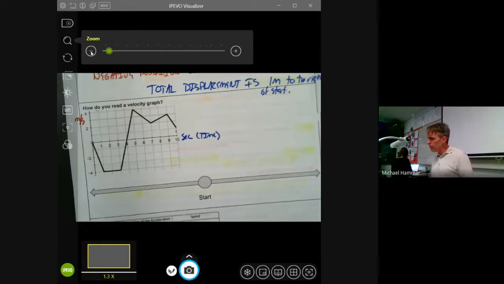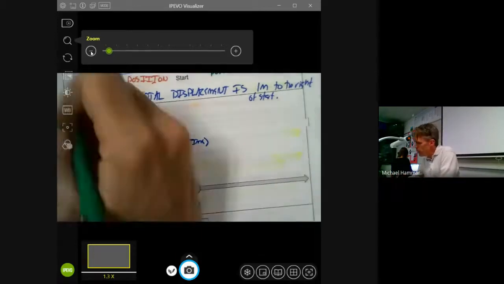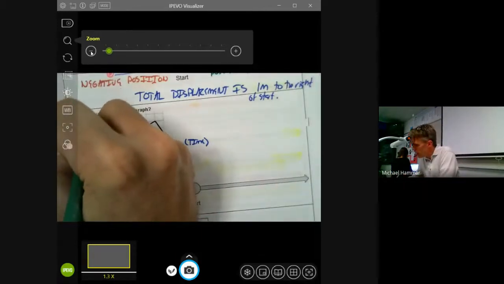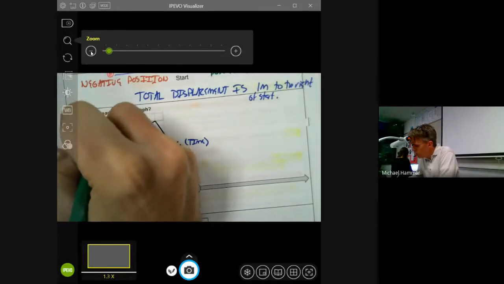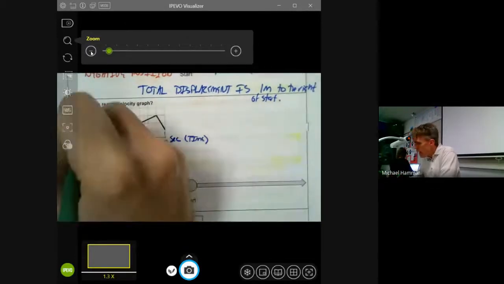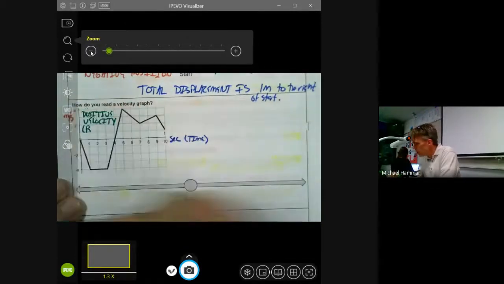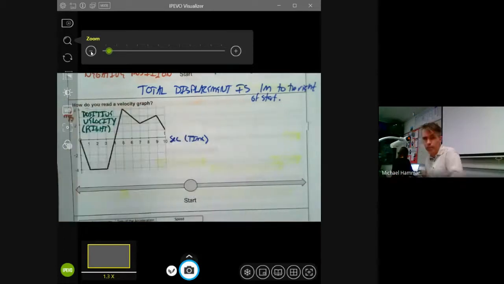So there's a couple of things that you do need to know. There are positive and negative velocities. Okay, so our positive velocity is up here. Now, the one thing about a positive velocity is positive velocities have direction. That means we are moving to the right on the line.